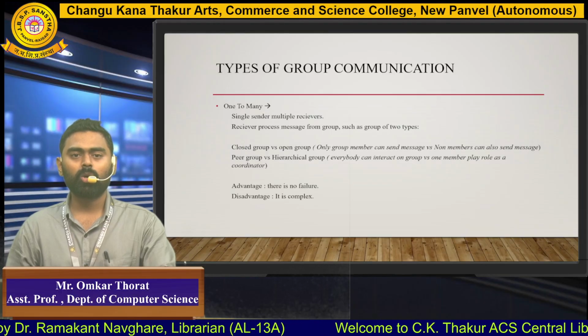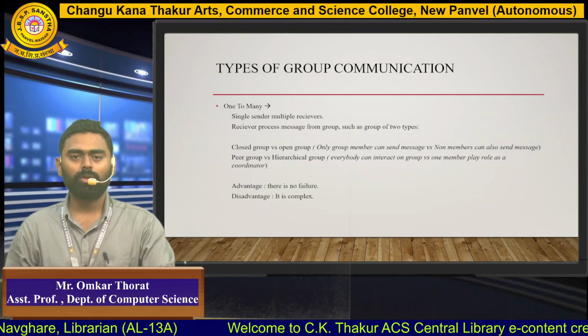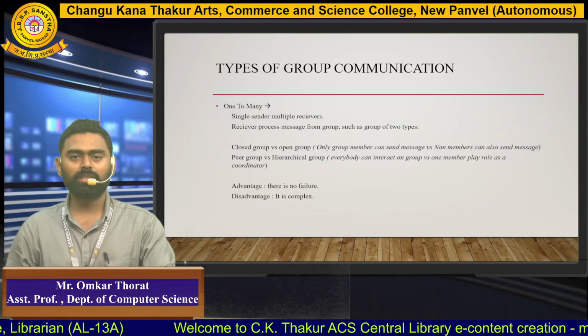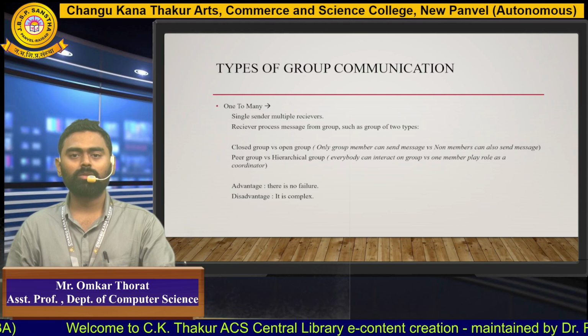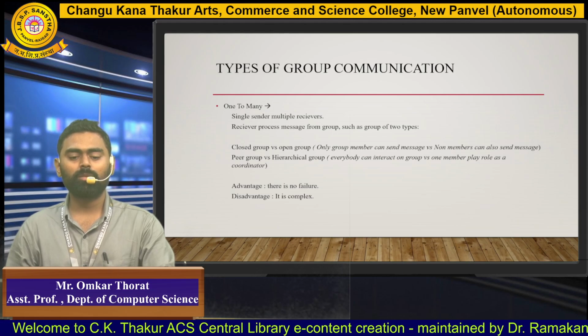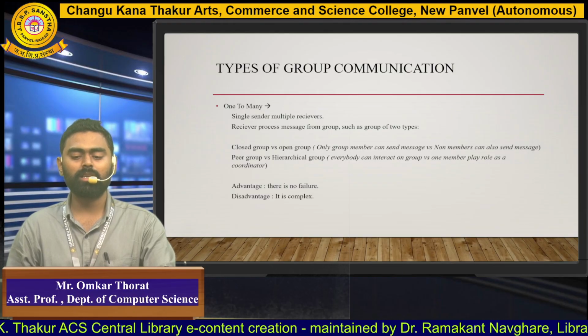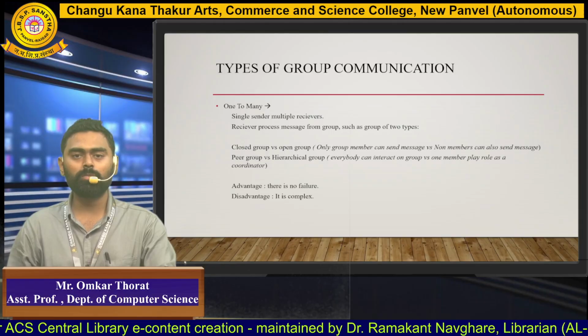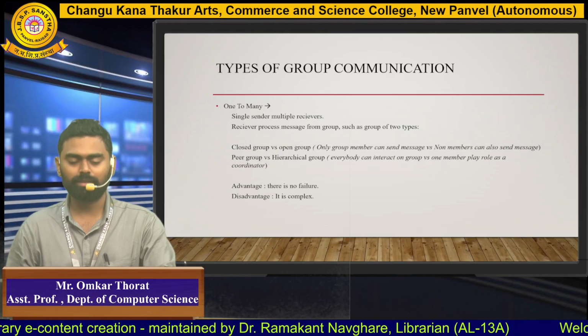So first one is closed group versus open group. Only group members can send messages versus non-members can also send messages. Peer group versus hierarchical group means everybody can interact in the group versus one member plays the role of coordinator.